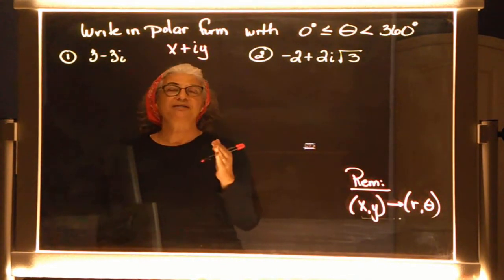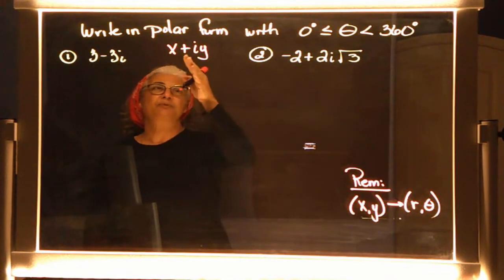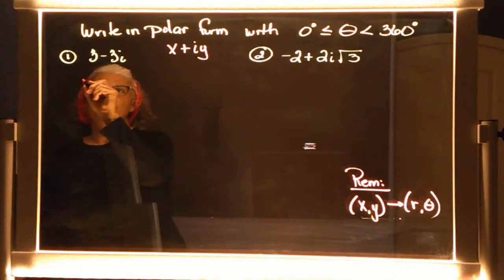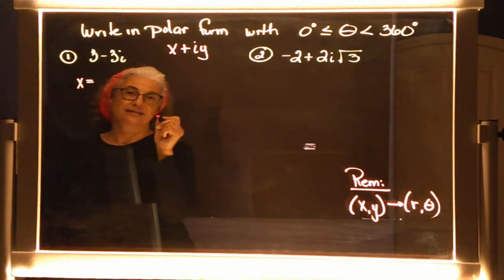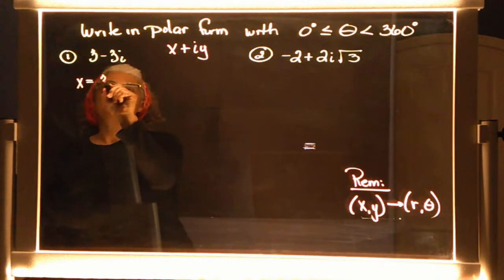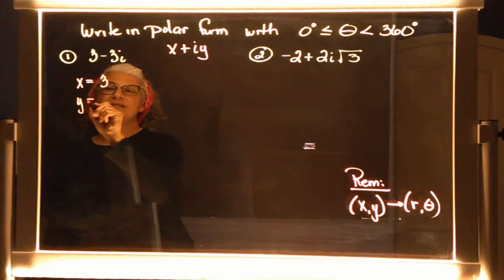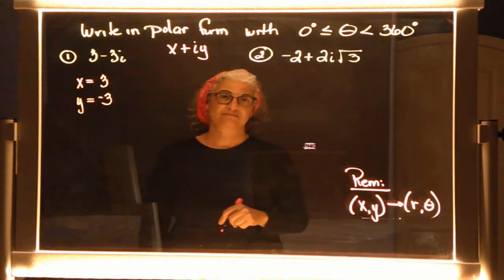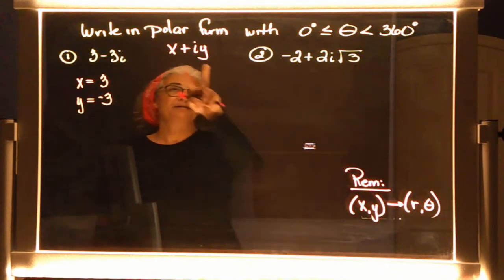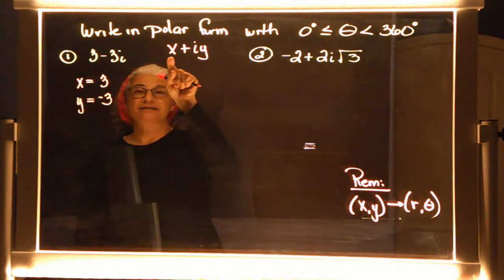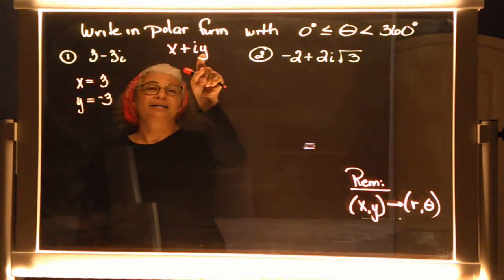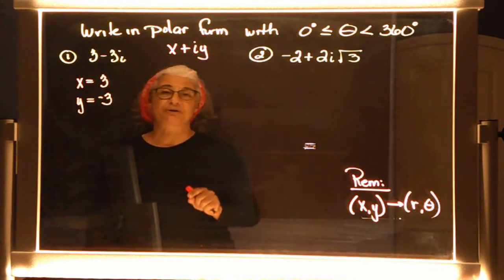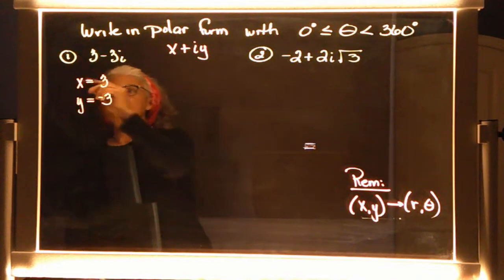Well, my complex number in general is written as x plus yi. Well, then that means for problem number 1, x is equal to 3, and y is equal to -3. Are you with me? Because this is the generic form. X is the real part. Y is the coefficient of i, the imaginary part. So, this is what we know.